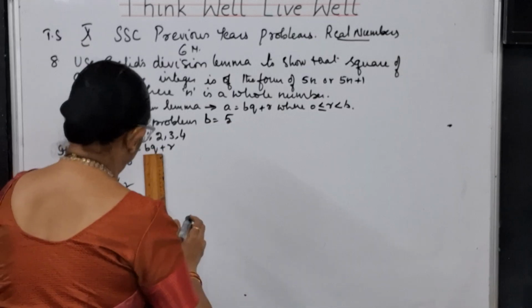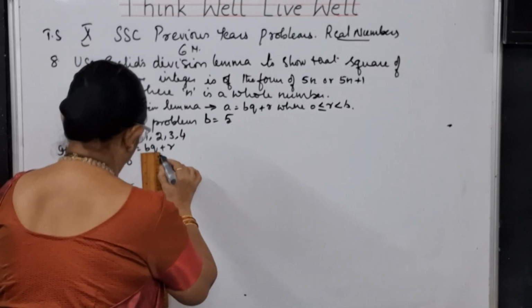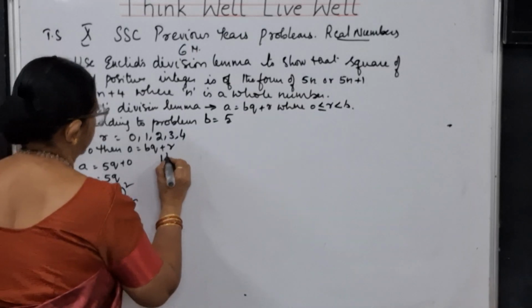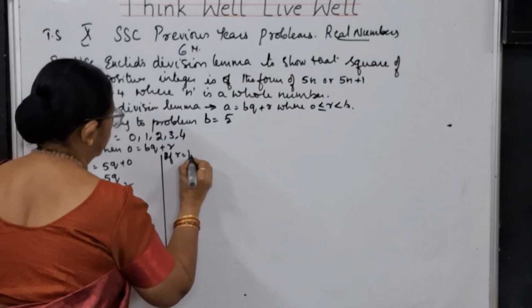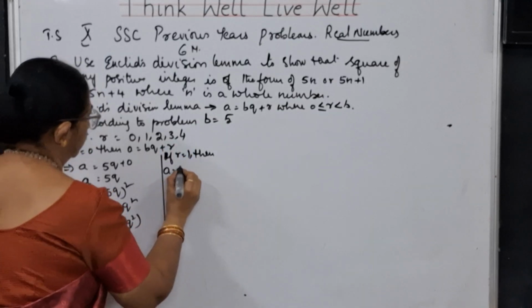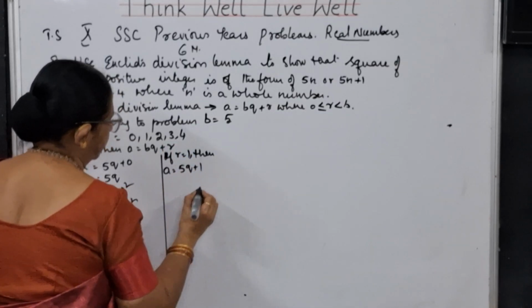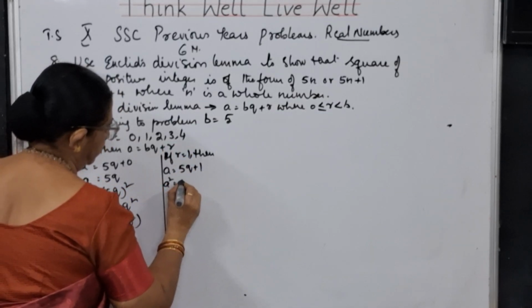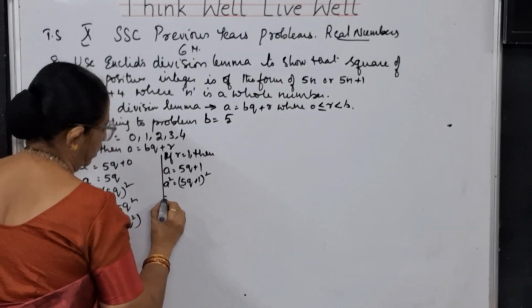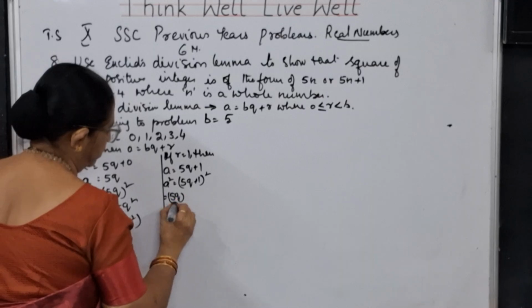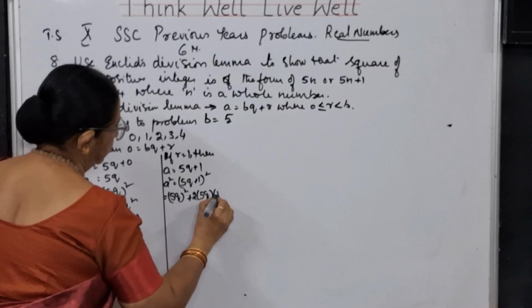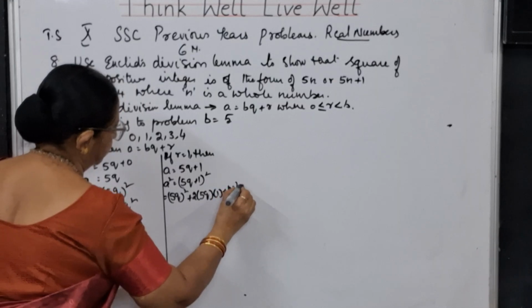Now, if R is equal to 1, then A is equal to 5Q plus 1. What is A square? 5Q plus 1 whole square. That is equal to A square plus 2 into A into B plus B square.